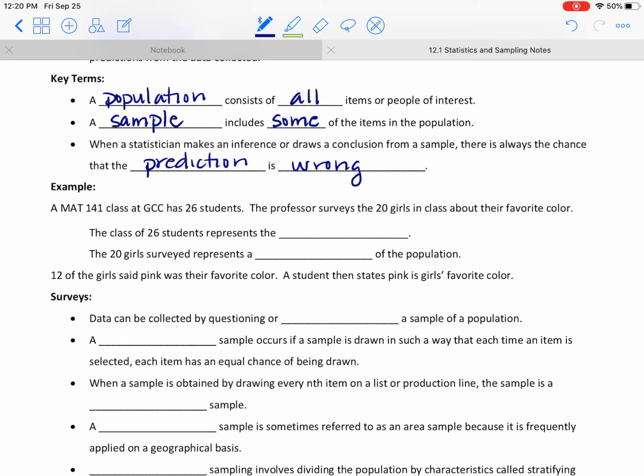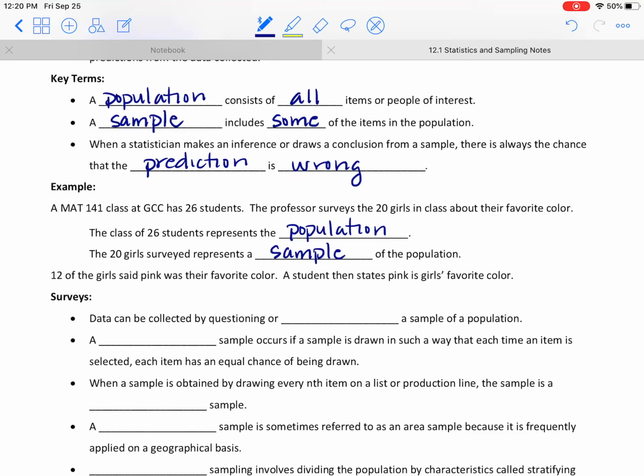The class of 26 students, the whole class of 26 students in this case, would represent the population. If I want to know about the favorite color of the students in my class, the students in my class would be the population. But I didn't ask all the students because apparently I was only concerned with the favorite color of the 20 girls in the class. So the 20 girls represented the sample that I decided to survey.